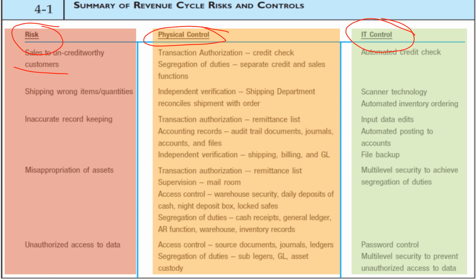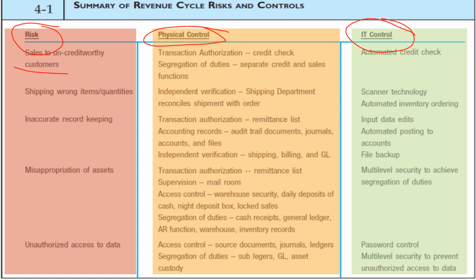On the system, we have automated credit check. The system will process that. No need to segregate, because when we have a pre-list of credit amount and limit for each customer, the system will not allow more than what is pre-listed in the customer name or customer number.